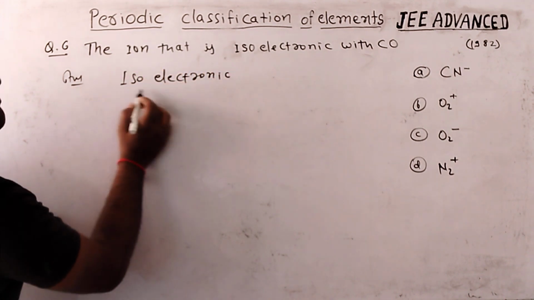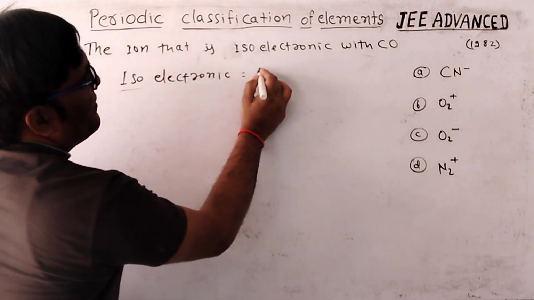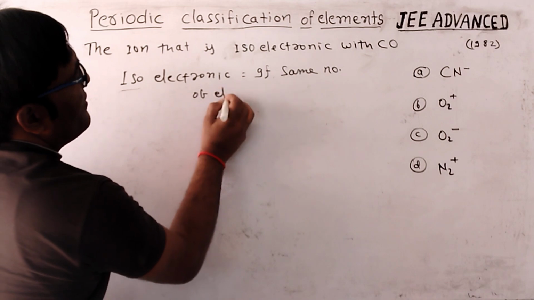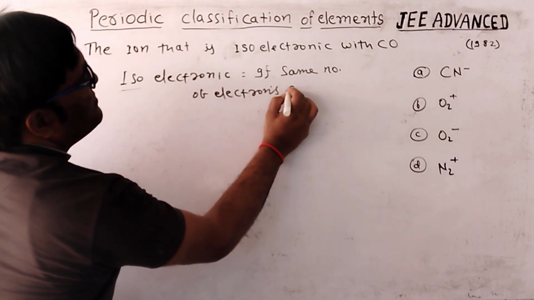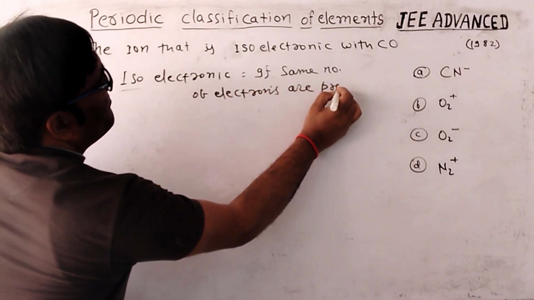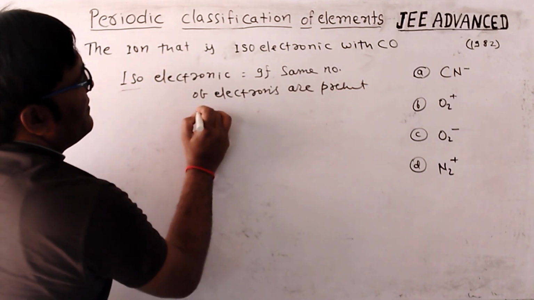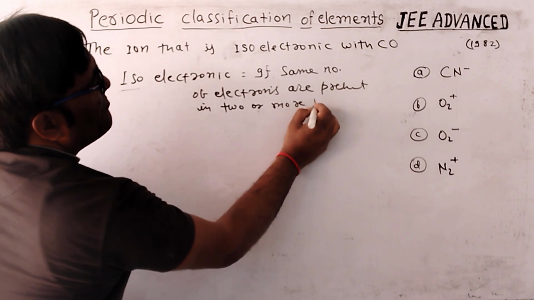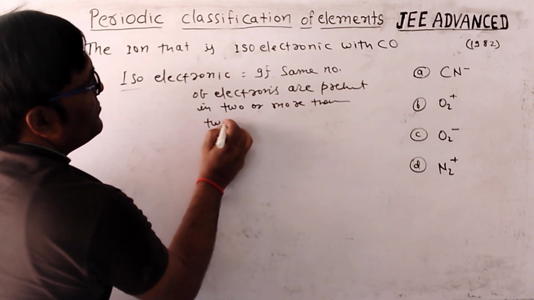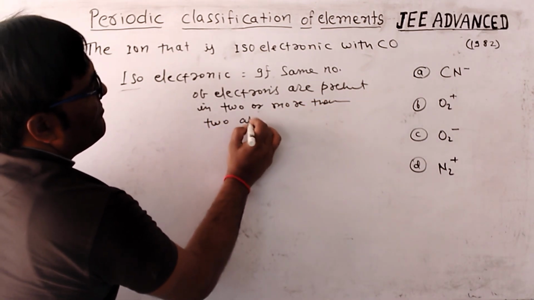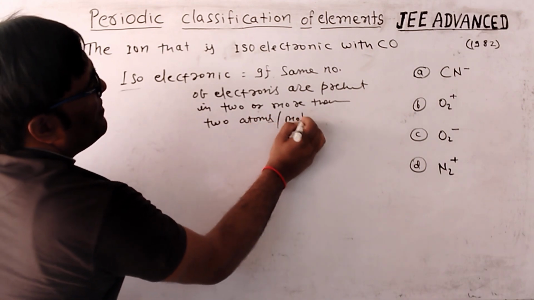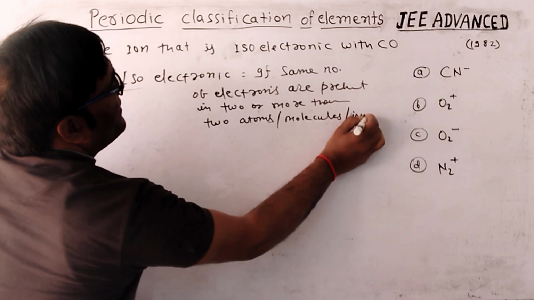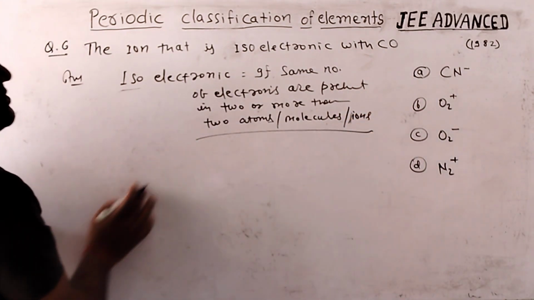Isoelectronic means iso means same. So if the same number of electrons are present in 2 or more than 2 species, maybe atoms, maybe molecules, and maybe ions, they are known as isoelectronics.